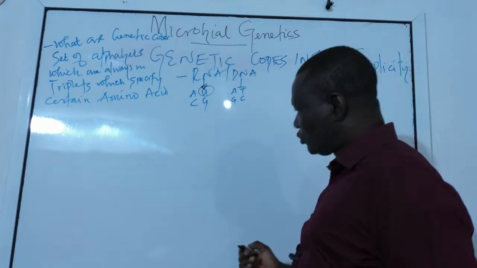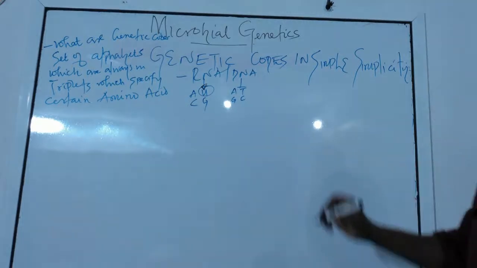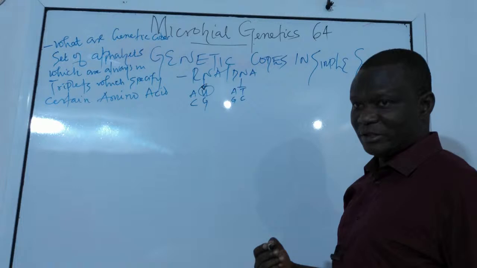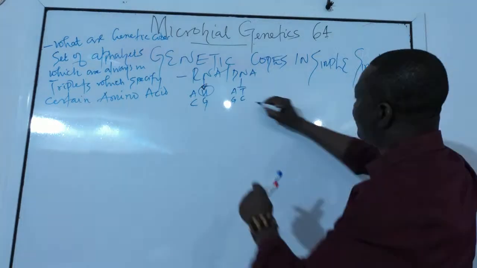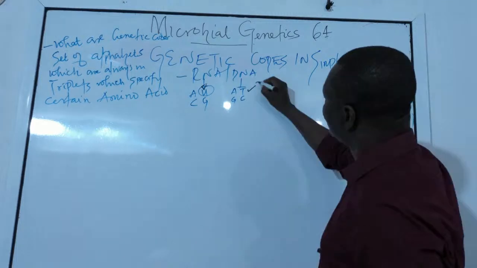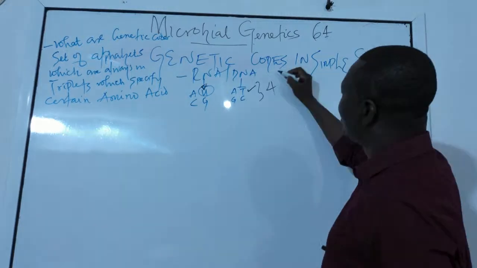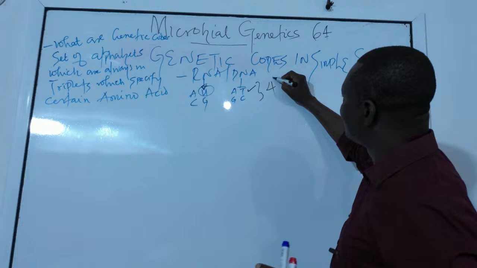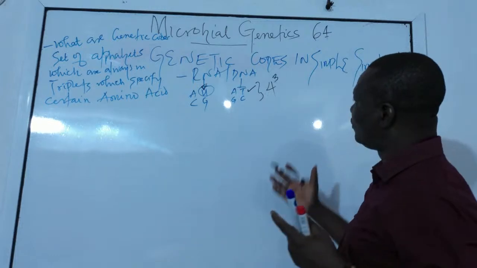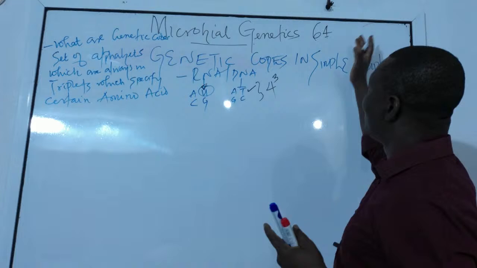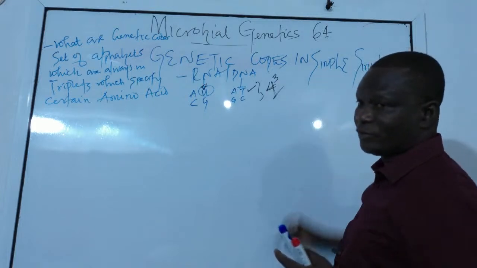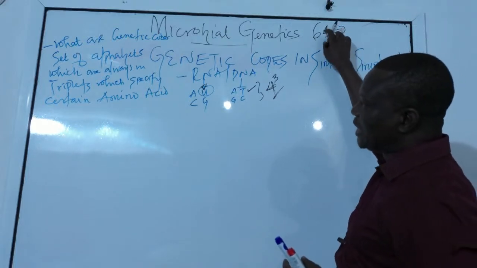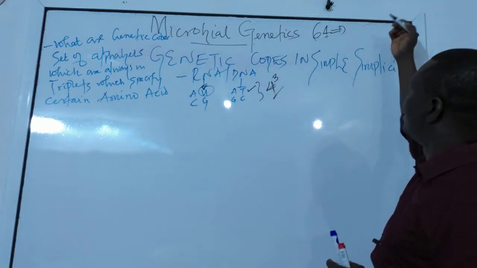So the genetic code has 64 combinations. We have four nucleotides, and they are coded in three, that's why we call them triplets. That tells us it is 4 raised to the power 3, which gives 64 possibilities of combining them.